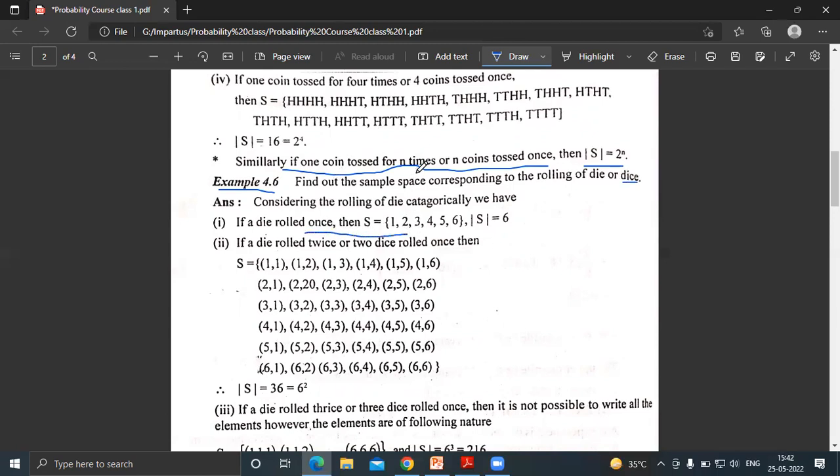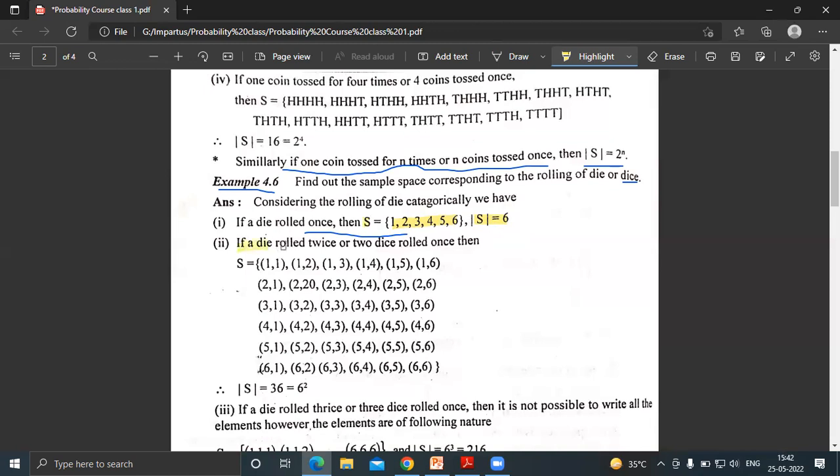Its outcome may be 1, 2, 3, 4, 5, or 6. You don't know what the outcome is, but it may be any of these. All possible outcomes, if you write them in one set, is called the sample space. If we count it, the sample space cardinality is 6.